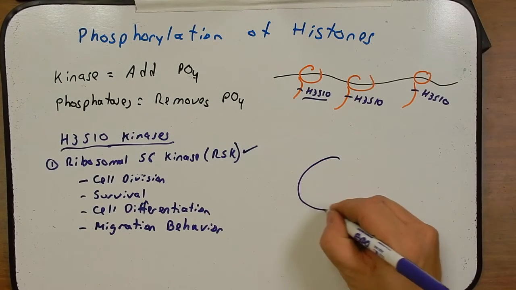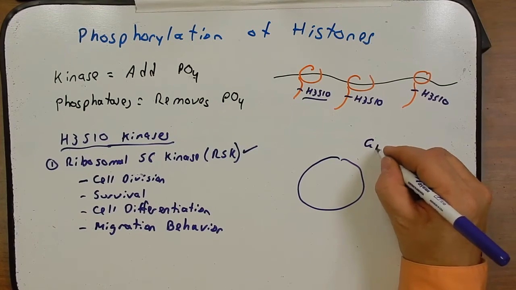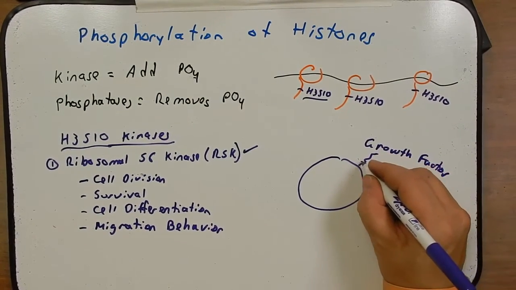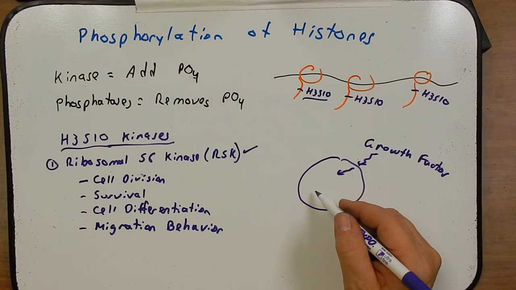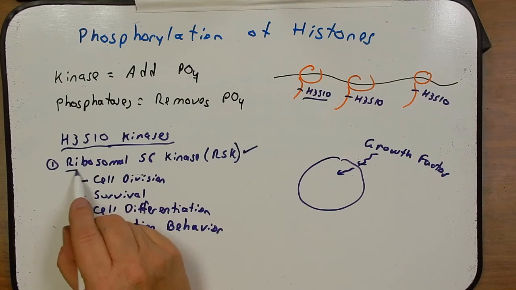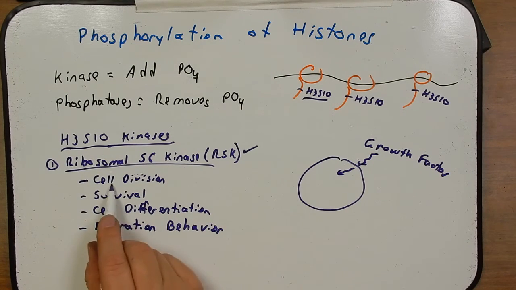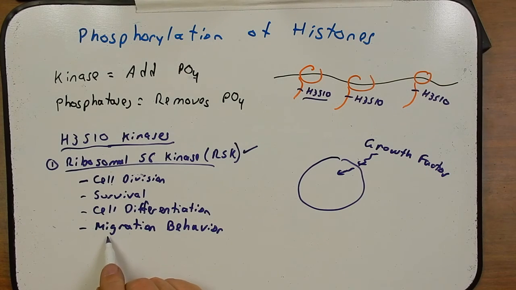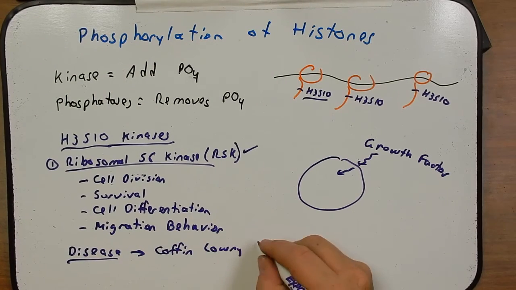Ultimately, what they respond to, and I should say initially what they respond to, are usually some kind of growth factor that interacts with a cell and then sends a signal to various downstream pathways that will ultimately activate the RSK. And then it will have an effect on these four and other activities. Mutations in RSKs can lead to this disease that's called Coffin-Lowry syndrome.